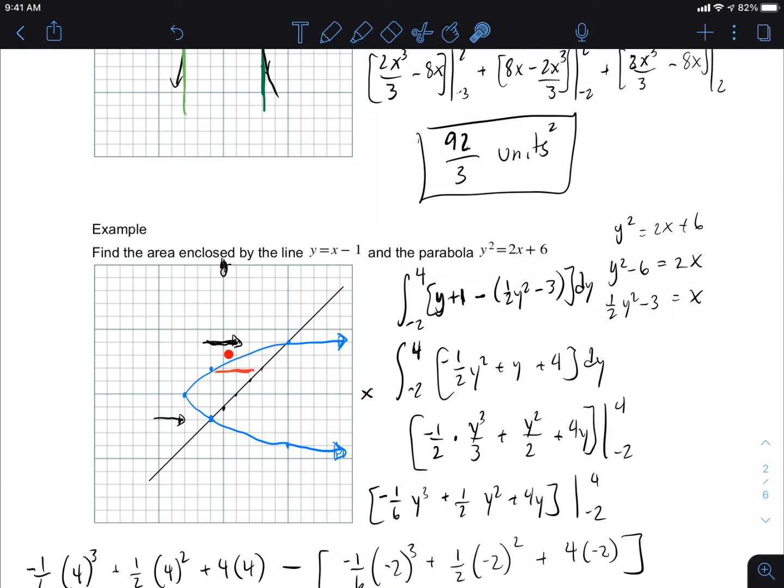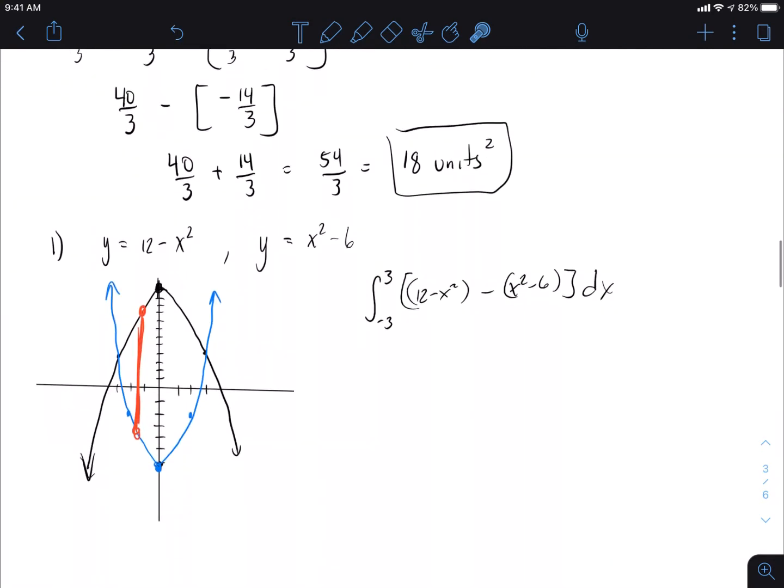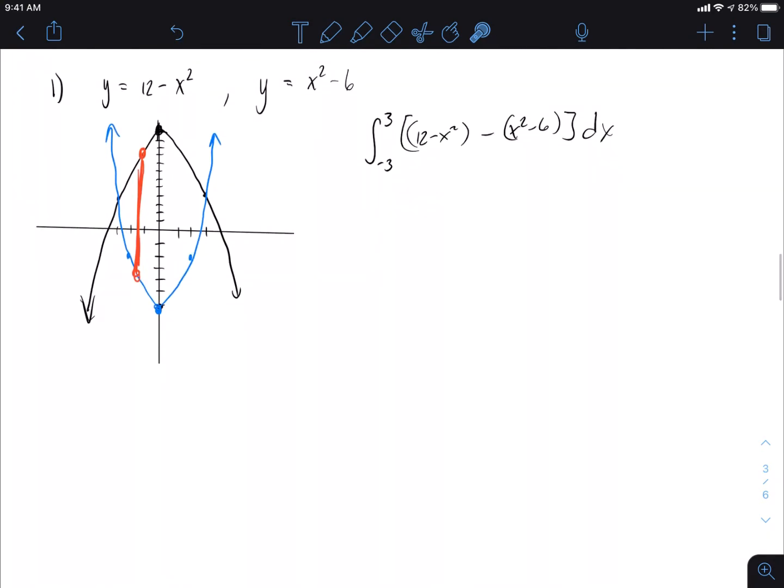Now we're talking about right to left. Further right is bigger than further left. Does that make sense? Yeah. And then this integral becomes something you guys can very easily handle, correct?